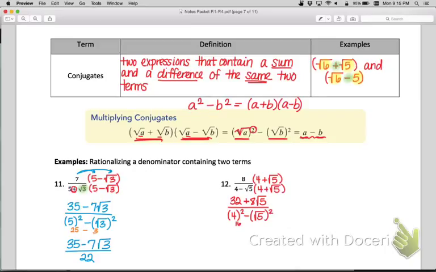This is going to give us 16 minus 5, so 32 plus 8 root 5 over 11 is what we get. And if you look at that, 32, 8, and 11 have no common factors, so I don't need to worry about trying to take that any further. So that is how you rationalize a denominator that contains two terms.